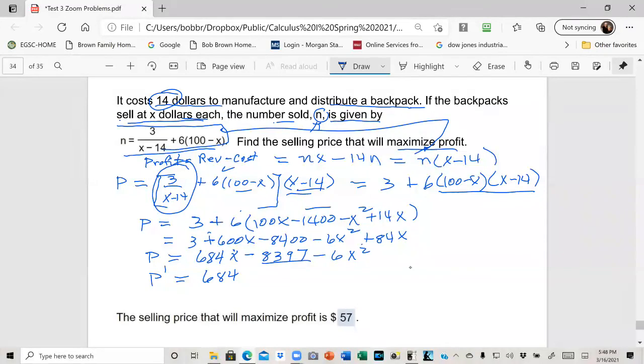The derivative of 8397 is 0, minus 12X equals 0. And we get X then is equal to 684 divided by 12, equal to 57. So the selling price that will maximize the profit is $57.